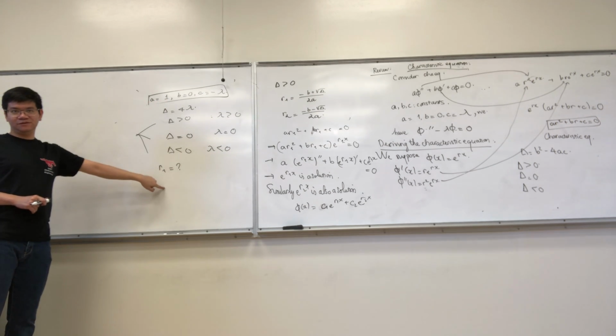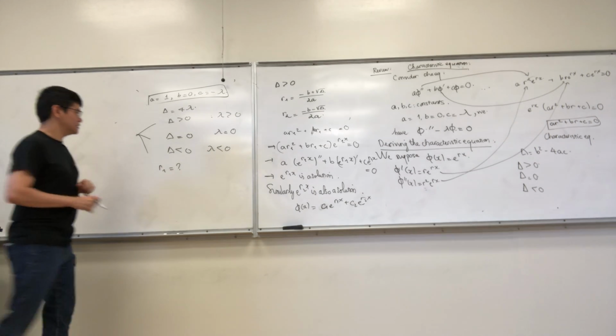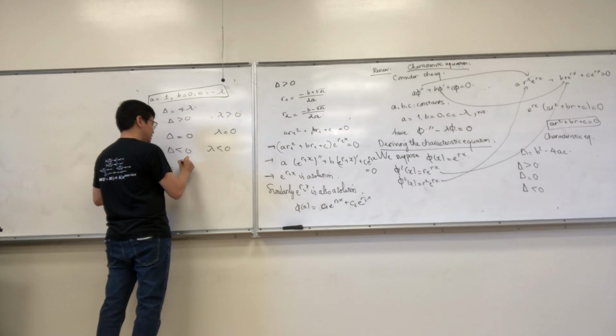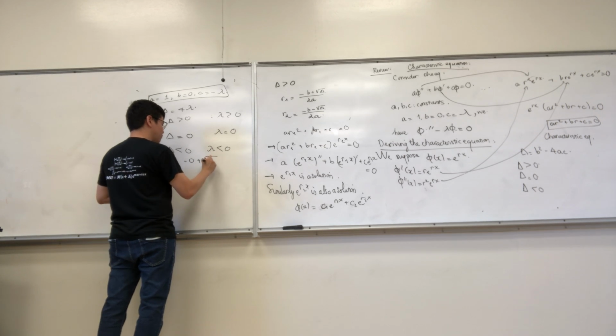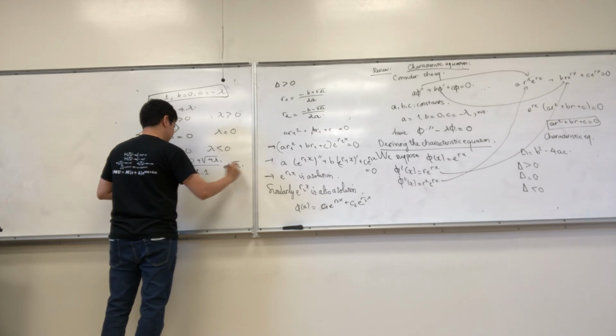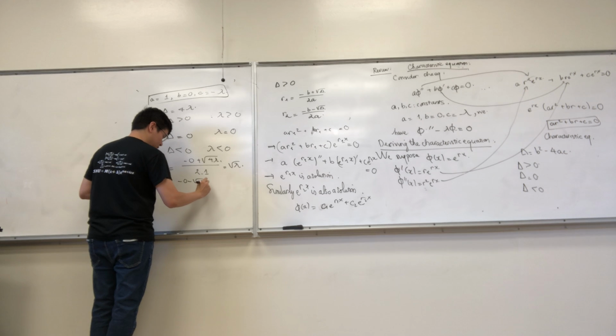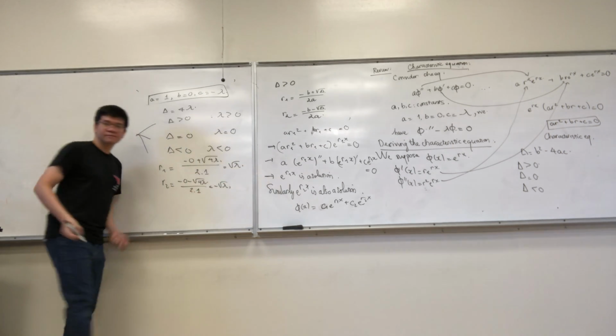So what is R1 in this case? It would be involving the square root of delta. So R1 will be minus 0 plus the square root of 4 lambda divided by 2 times 1, and this is the square root of lambda. So R2 will be minus 0 minus the square root of lambda over 2 times 1, and this is minus the square root of lambda.